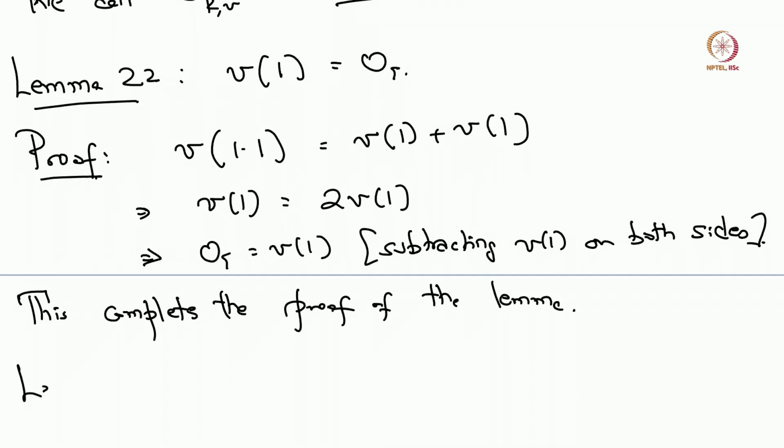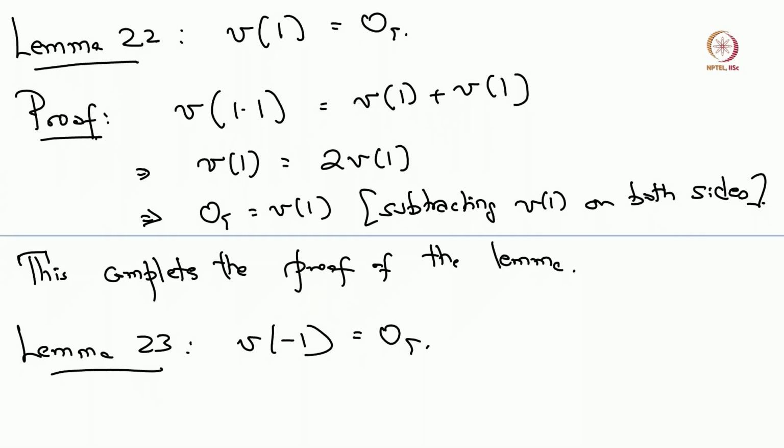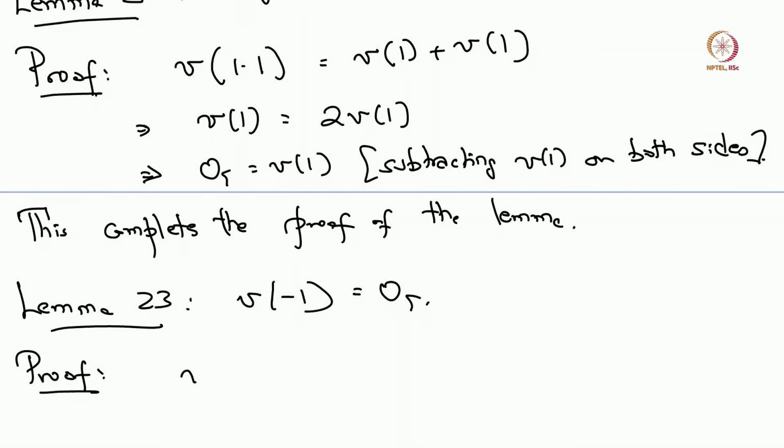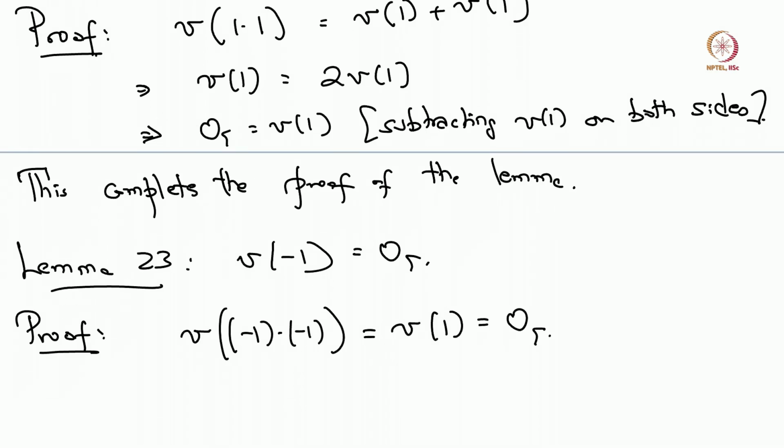In a similar lemma, the valuation of minus 1 is also in fact 0. And again, why? Let's play a similar trick. What's the valuation of minus 1 times minus 1? Well, minus 1 times minus 1 is just 1. So this in fact equals the valuation of 1, which is 0 by the previous lemma.